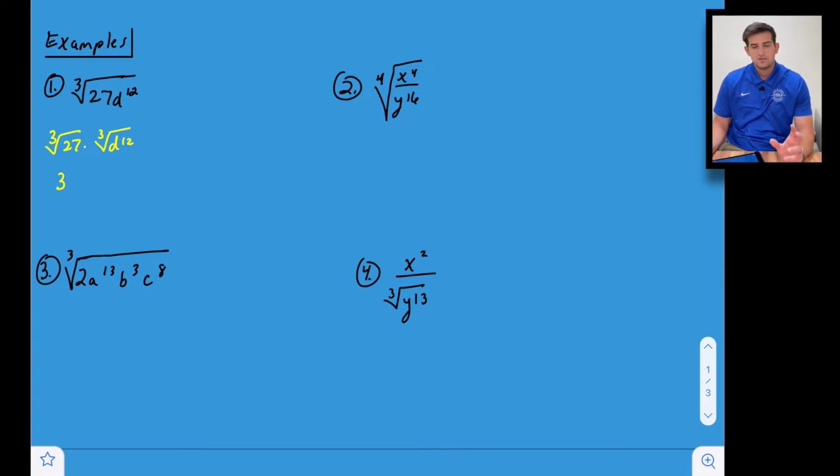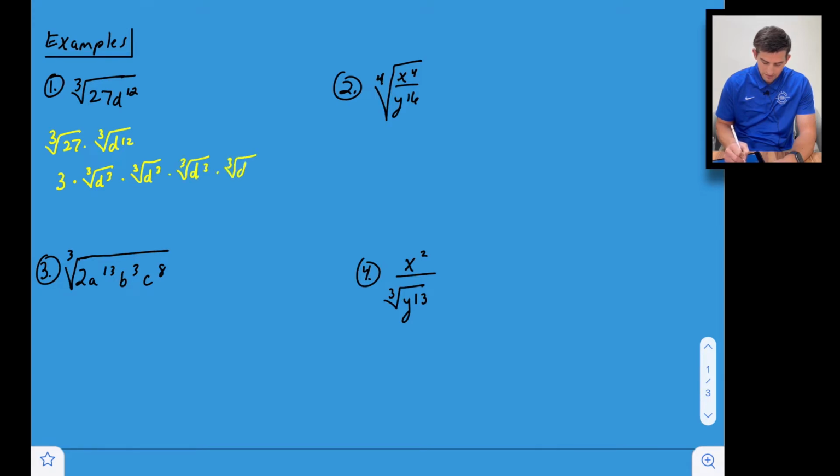What I want to do is separate d to the 12th into multiples of 3. Why 3? Because if I do the cube root of d to the 3rd power, that's going to just give me the variable d. It's going to cancel out. So I'm going to write this as the cube root of d cubed times the cube root of d cubed times the cube root of d cubed and times the cube root of d cubed.